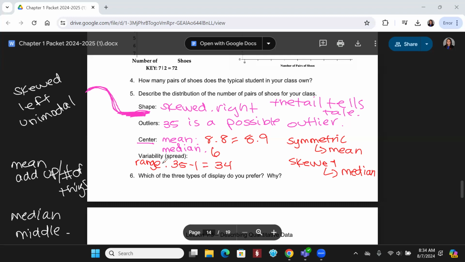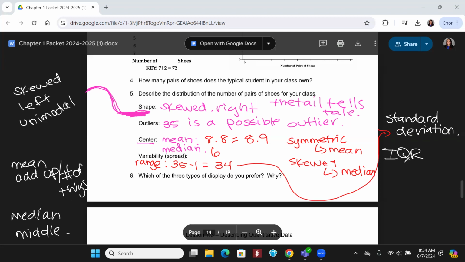Other ways to measure variability, things you should probably know, are standard deviation. What is standard deviation? What is IQR? Okay, and what is that?